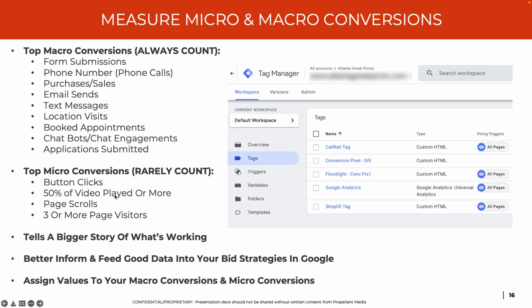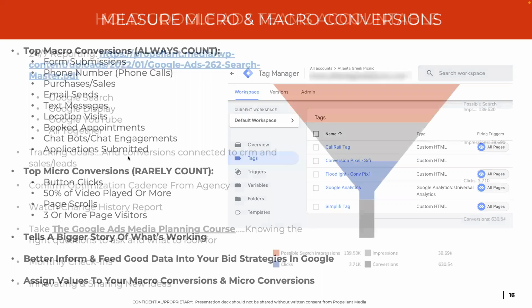We may not necessarily count those within our conversion metrics, but we still want to know what's working from that micro conversion standpoint. So we're then able to measure other things beyond that effectively. And bottom line, it tells a bigger story in terms of what's working, what's not across all of your campaigns effectively.